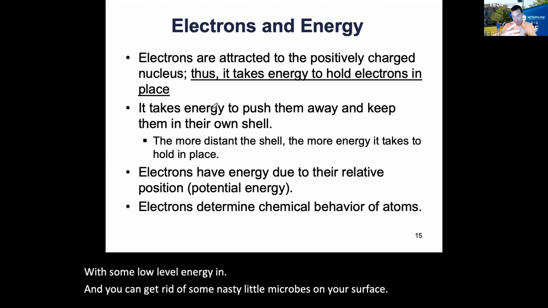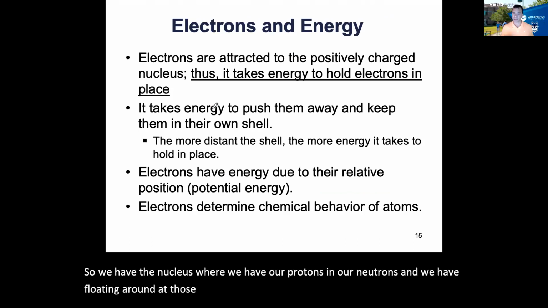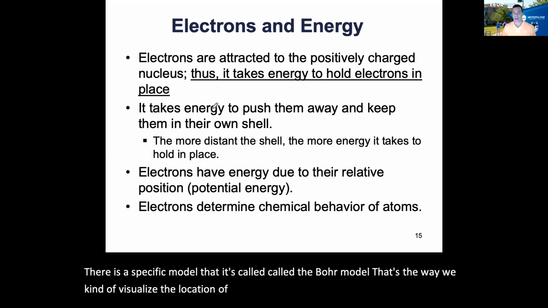So we have the nucleus where we have our protons and our neutrons, and we have floating around it those electrons in these little bitty orbits. There's a specific model called the Bohr model. That's the way we visualize the location of electrons. And this is an important thing to remember.